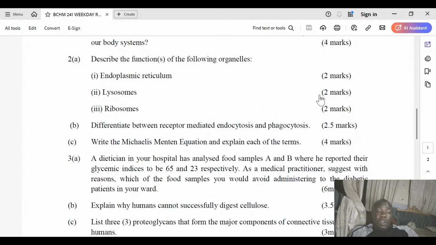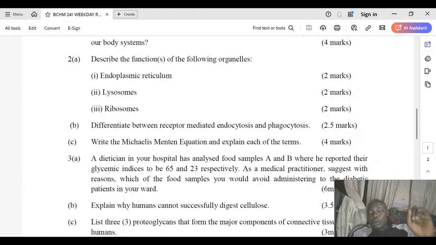So why is it that we cannot digest cellulose? Excellent, Ilya. It's because we don't have the enzymes to digest it.